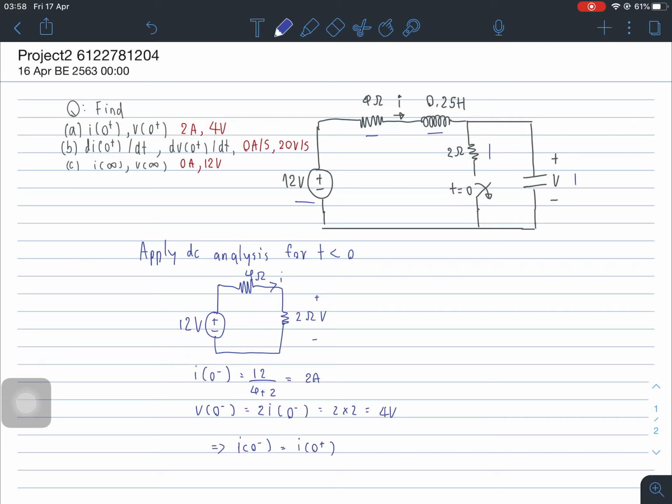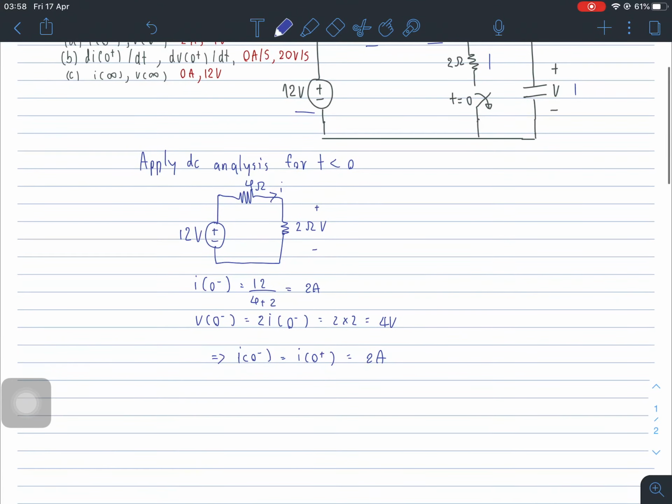So we get 2 amps, and v(0-) should be the same as v(0+). So we get 4 volts, and that's the answer of solution A.